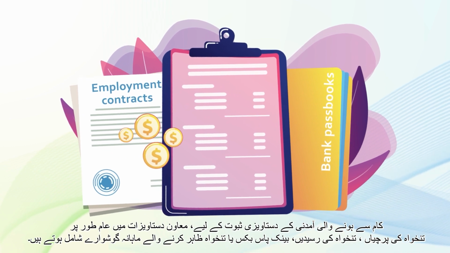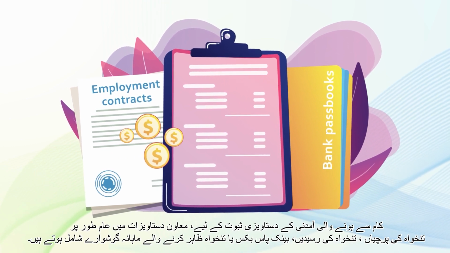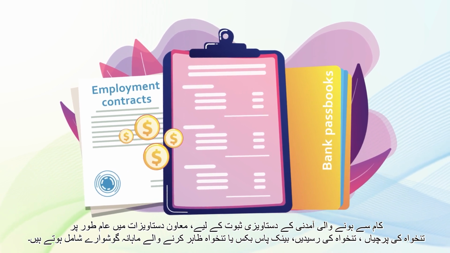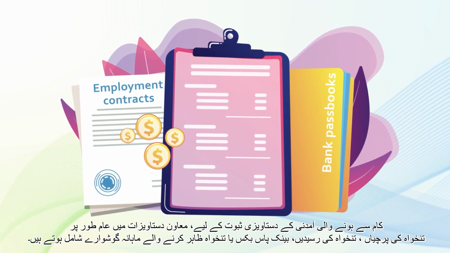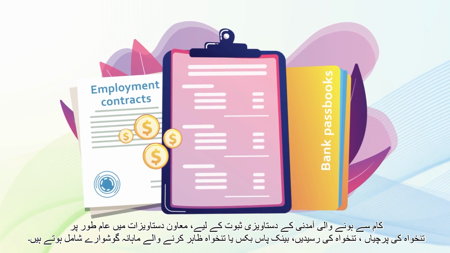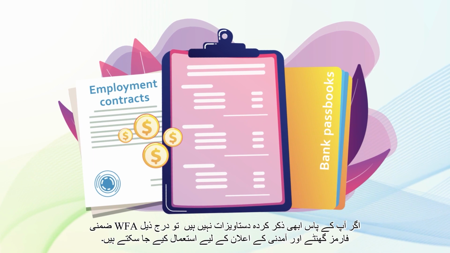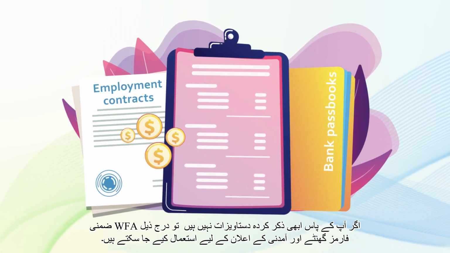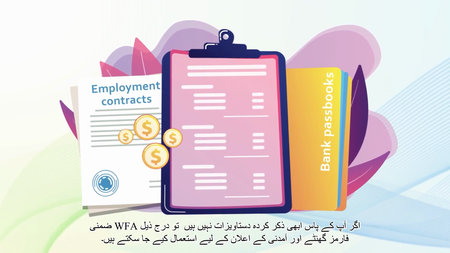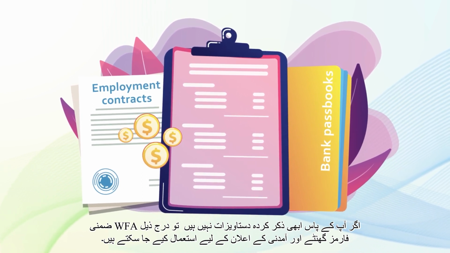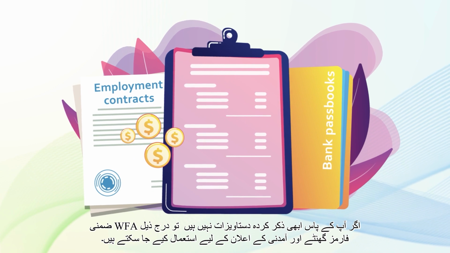For documentary proof of income from work, supporting documents generally include pay slips, salary receipts, bank passbooks, or monthly statements showing the salaries. If you do not have the documents just mentioned, the following DUFA supplementary forms can be used to declare working hours and income.